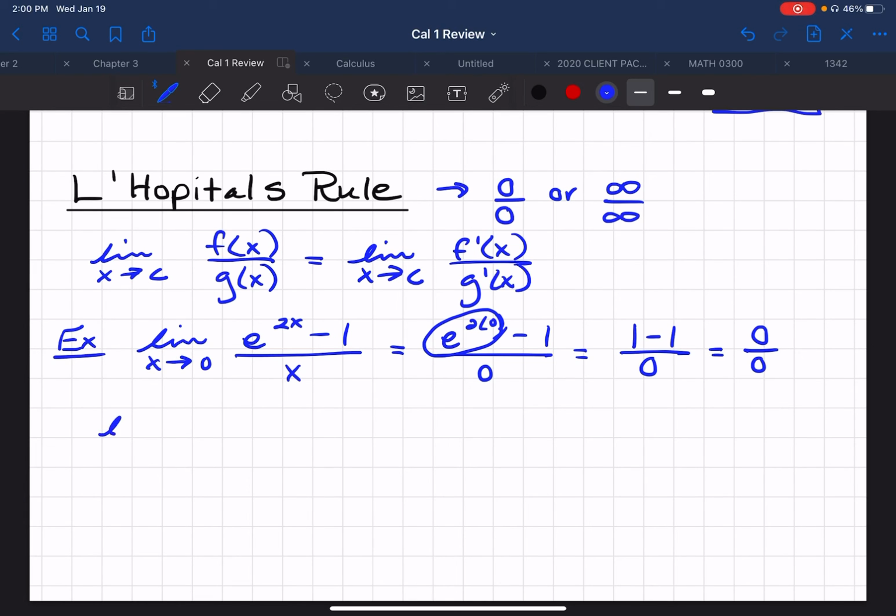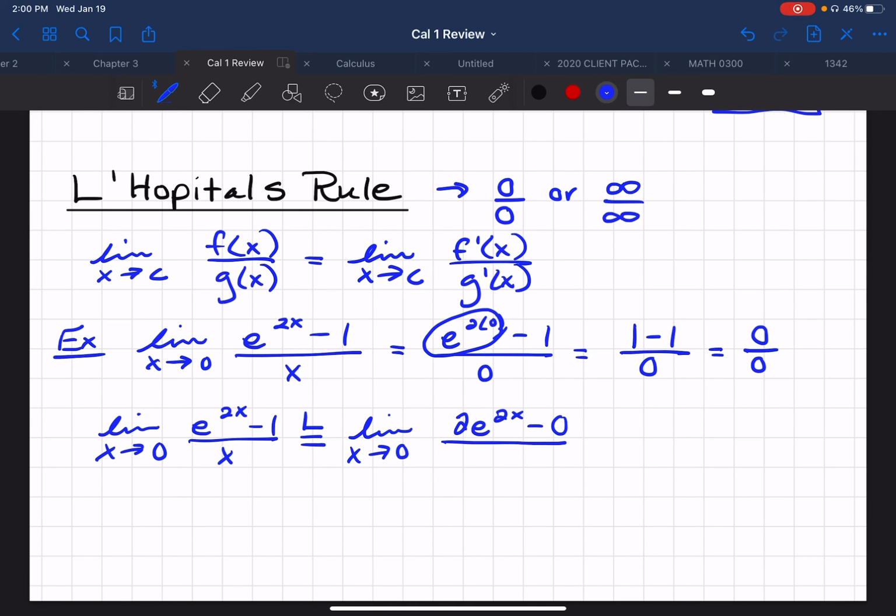So I'm going to have the limit as x goes to 0 of e to the 2x minus 1 over x equals, and I'm going to put a little L to show that I'm using L'Hopital. I'm going to take the derivative of the top, which is going to be e to the 2x times 2, or 2e to the 2x, minus 0, over 1.